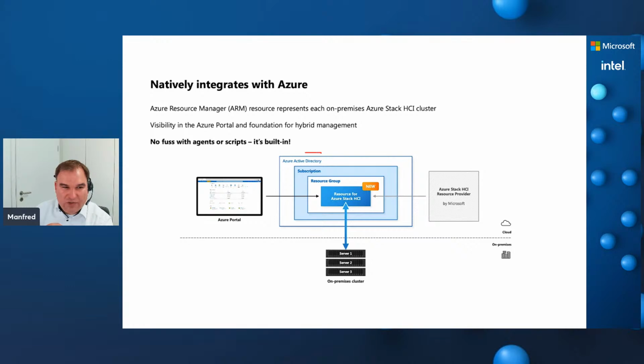So we have our Azure Active Directory, we have our Azure subscription and our resource group in Azure, and the Azure Stack HCI is connected there. Important to know is that it's not required to have 24/7 connectivity. So if the Azure Stack HCI is disconnected from Azure, all my services will keep up and running.